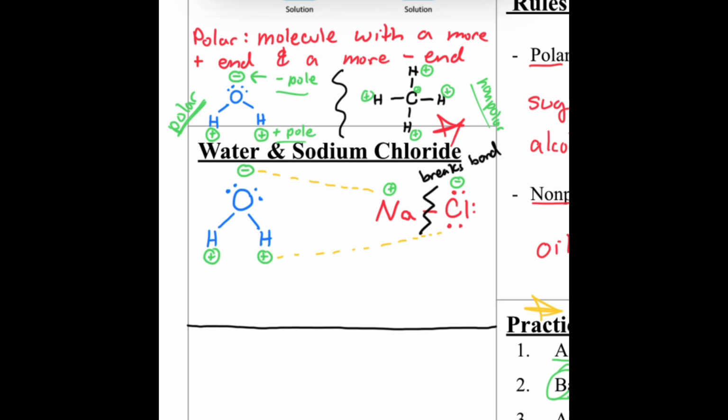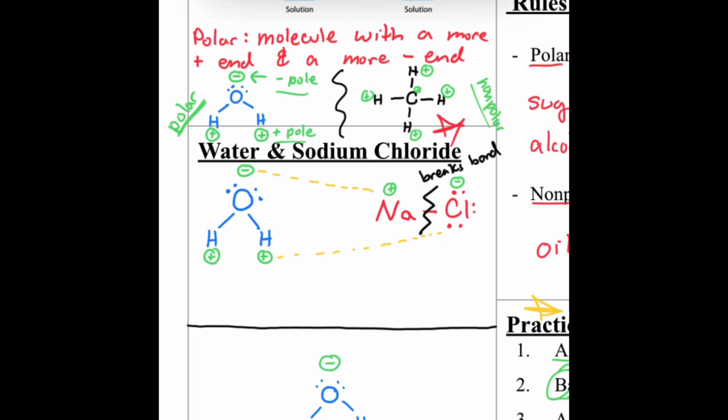All right, so literally that's how dissolution works. Water is strong enough to break the ionic bond between sodium and chlorine. And if I were to draw that same substance, but this time dissolved in water, I'm going to redraw my water molecule with its more negative end and its more positive end, right?